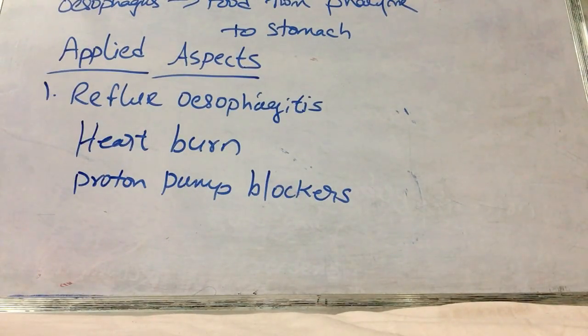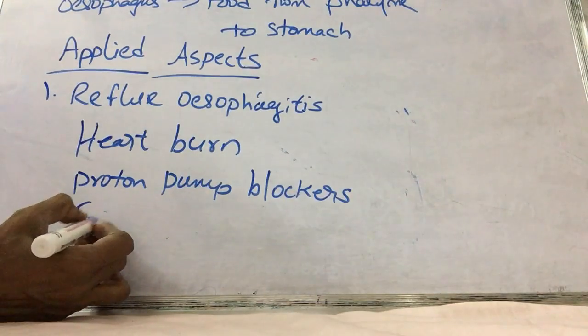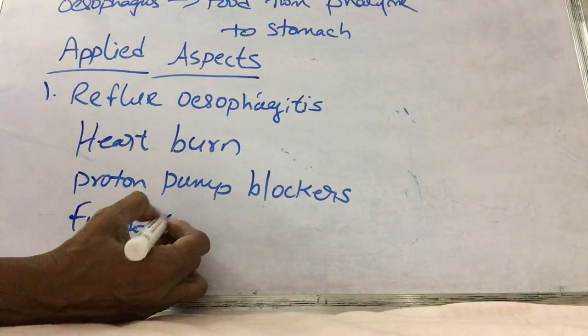fundoplication. It is a procedure in which a portion of the fundus of the stomach is wrapped around the lower esophageal sphincter, so that the sphincter remains inside a narrow tunnel of the stomach. Surgical treatment is fundoplication.